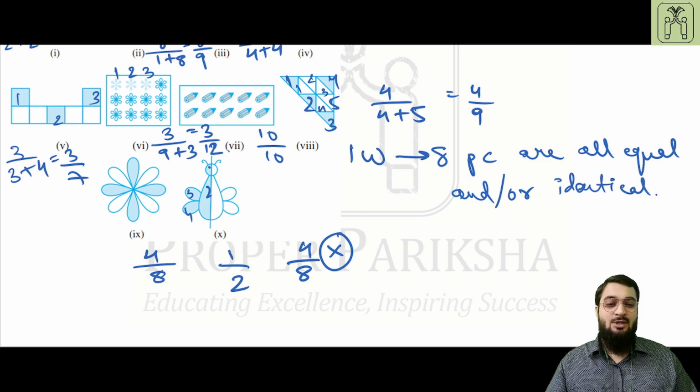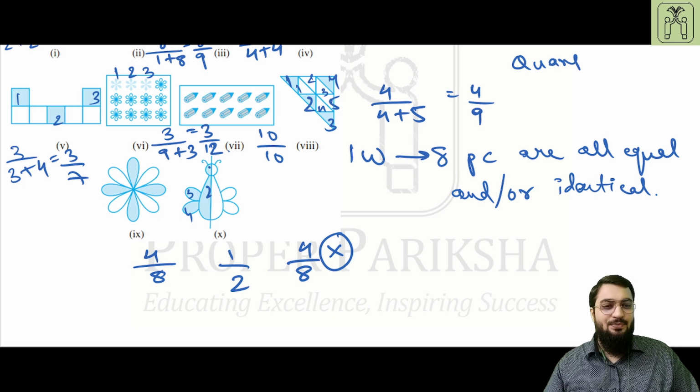For example, if we are talking about a geometric object, then the parts will be identical. But if we are talking about grams or kilograms, then they might not be identical, because it is related to quantity rather than shape.